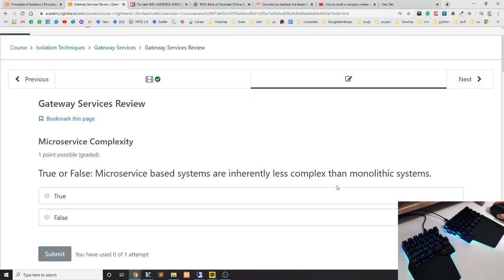So when talking about the complexity, even though the microservice itself is very simple and solves one issue, I'm not sure whether this question is asking only about the specific part of the microservices or about the whole system.